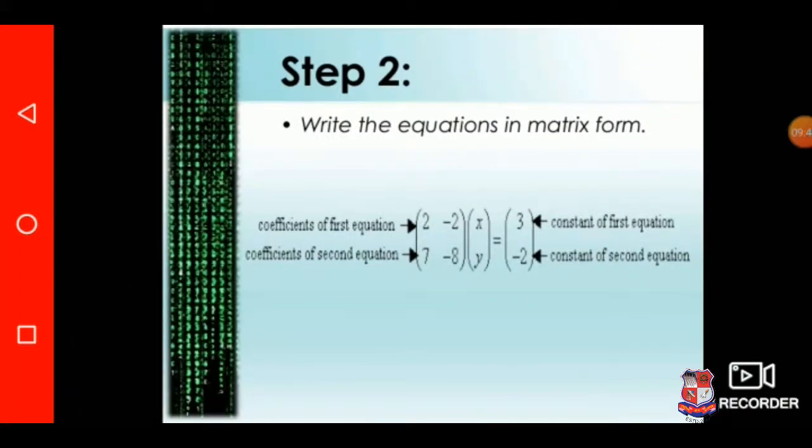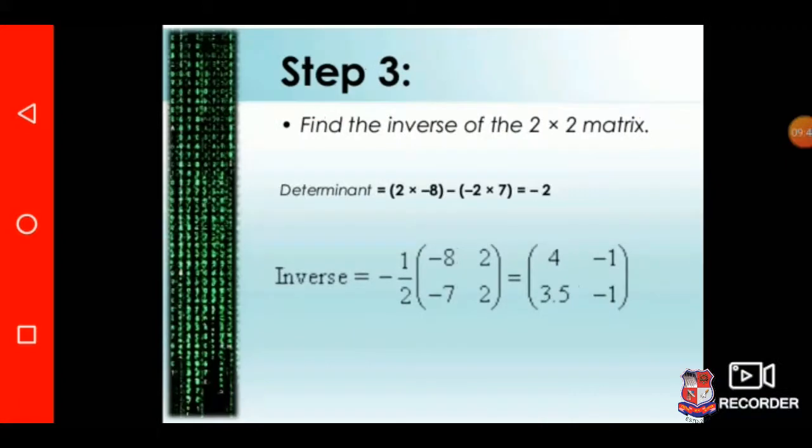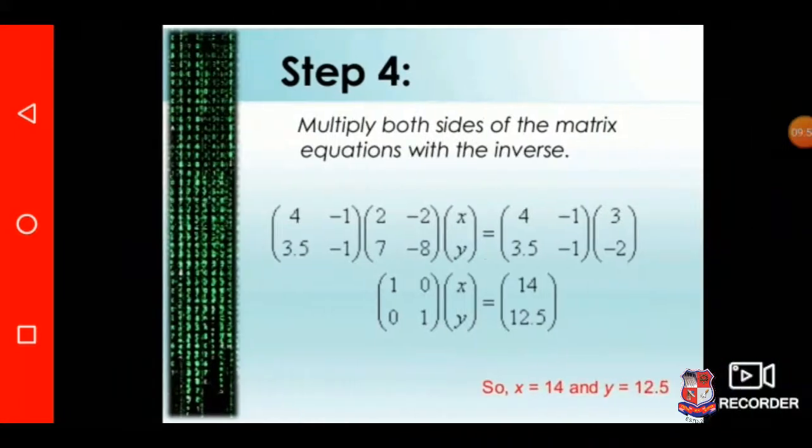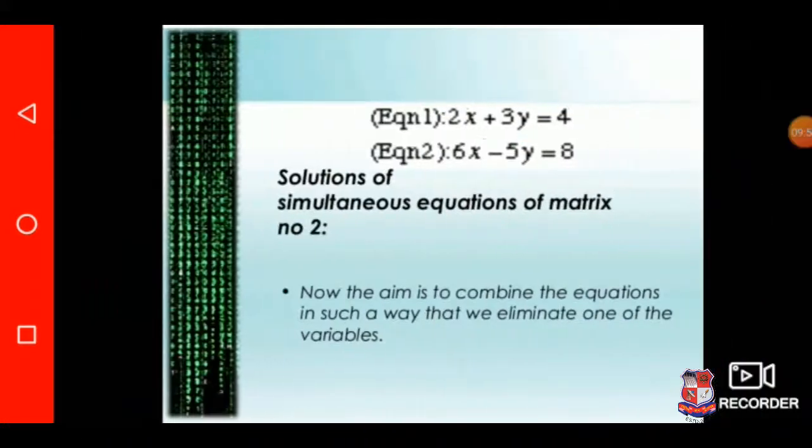Step number 2, write the equation in matrix form. Step number 3, find the inverse of the 2 by 2 matrix. Step number 4, multiply both sides of the matrix equation with the inverse. Solution: see, this is equation number 1 and equation number 2.